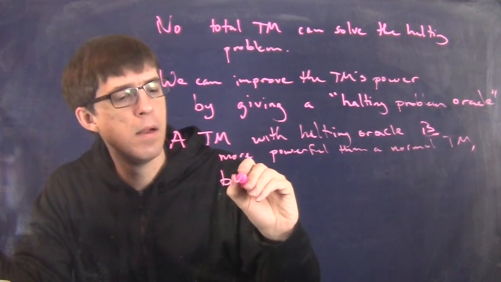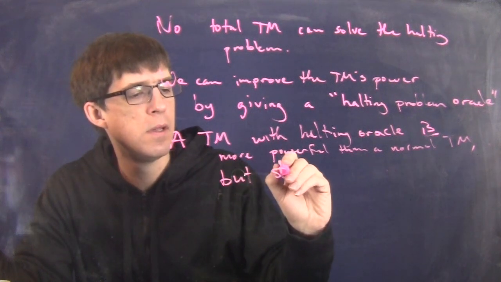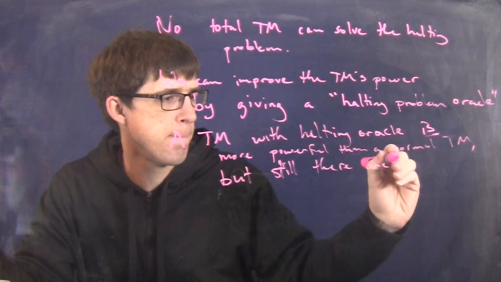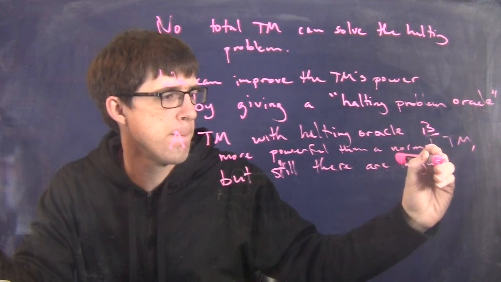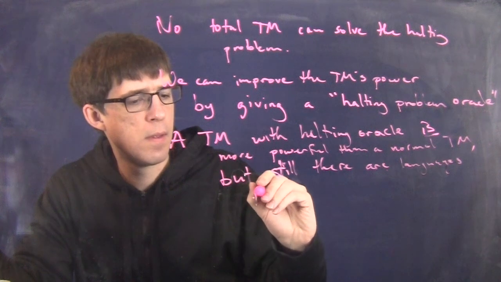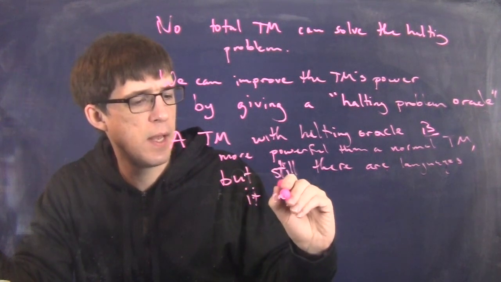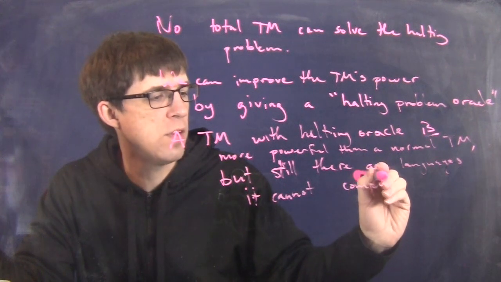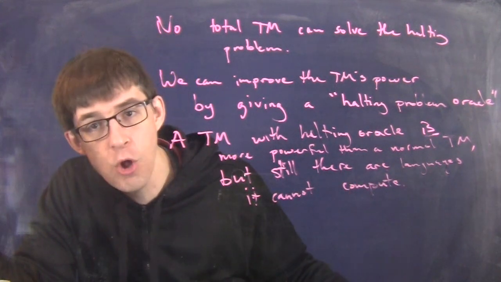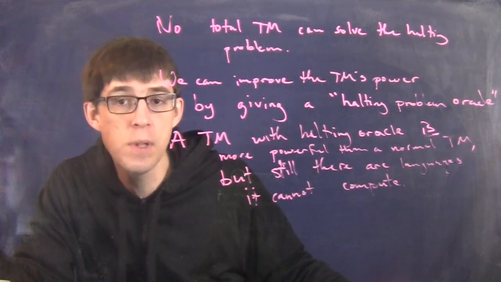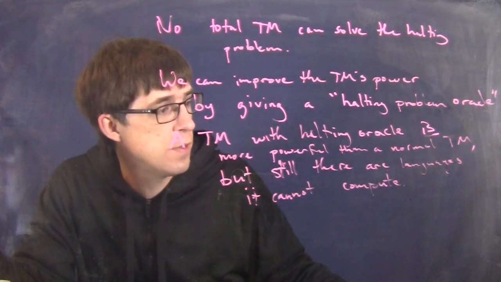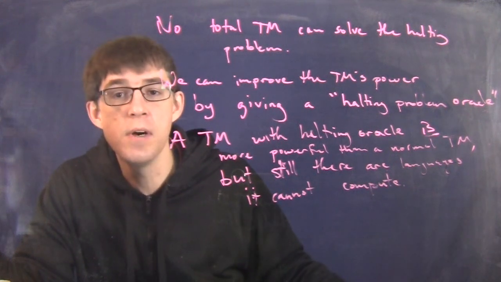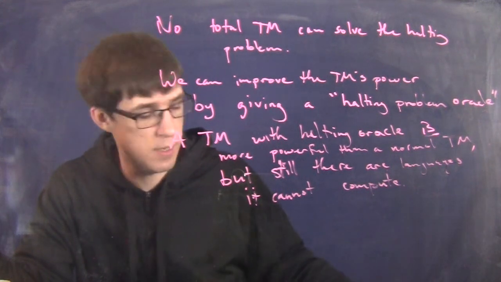But still, there are languages that it cannot compute. The Turing machine with halting oracle is not all powerful. Even if you allow the Turing machine to have this halting oracle, you can imagine very weird examples of languages which that Turing machine cannot compute.